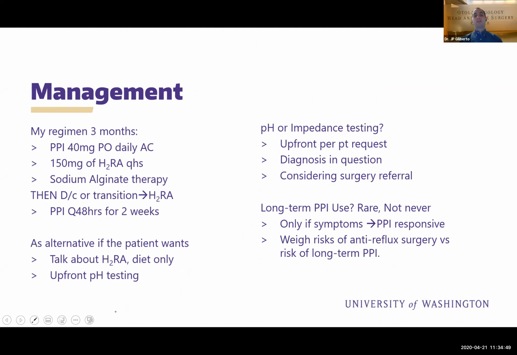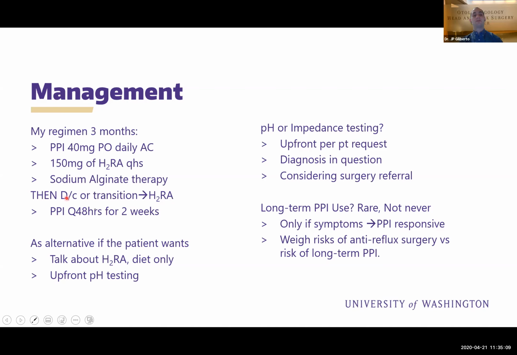For my own management, if I feel like somebody has something related to reflux, besides diet, I will recommend 3 months of an H2 blocker at night, 40 milligrams PO daily in the morning, and then sodium alginate therapy, either Reflux Gourmet or Gaviscon Advance.